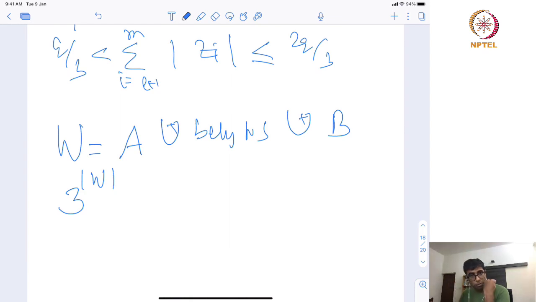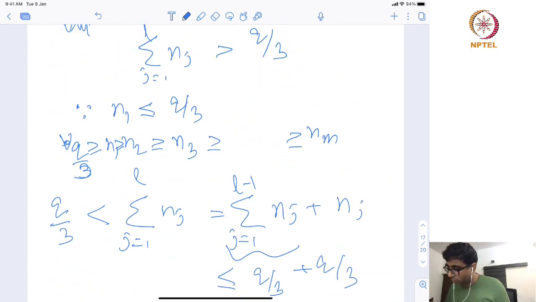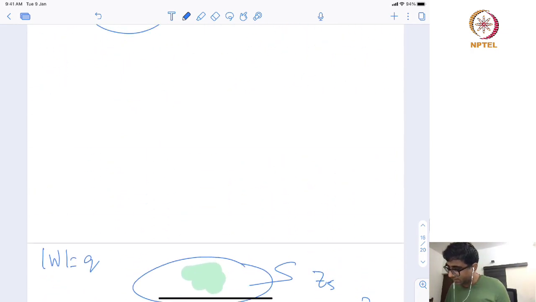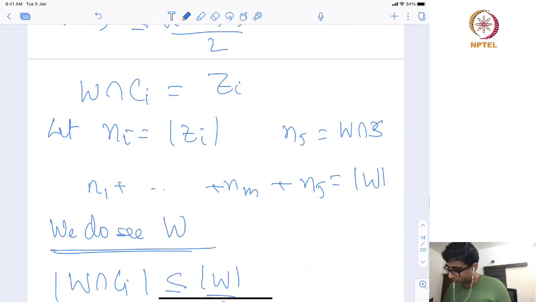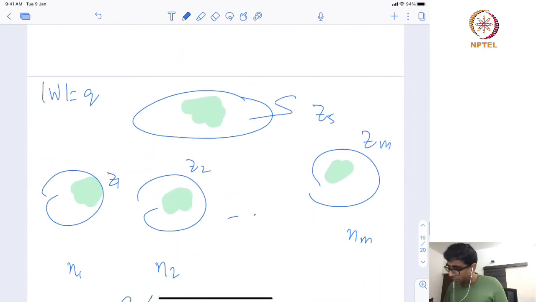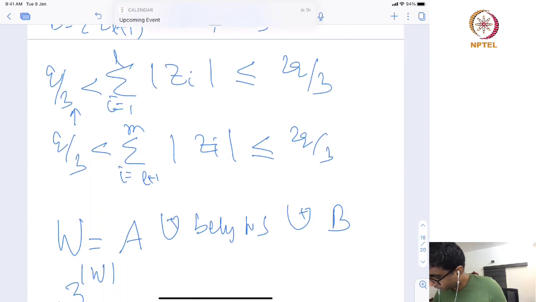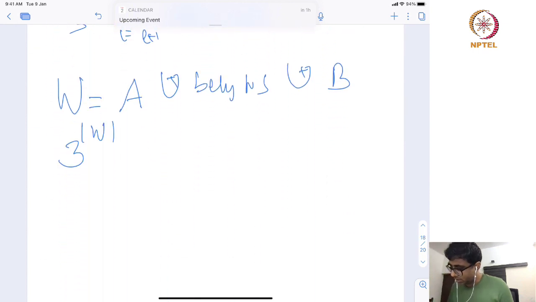So what does this tell us? Suppose there exists a set S with the property that this holds. Here's my algorithm.